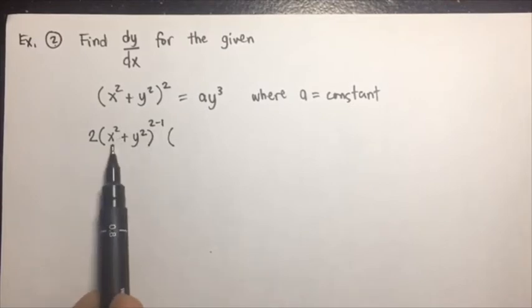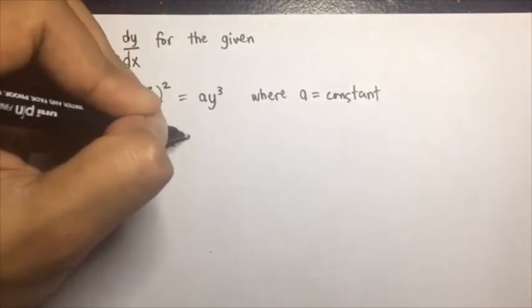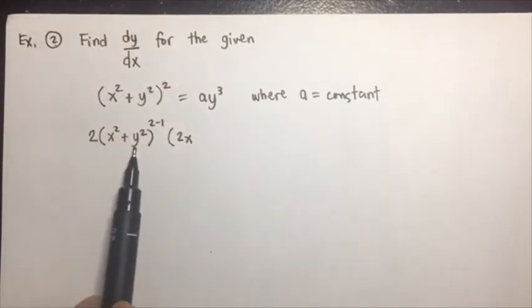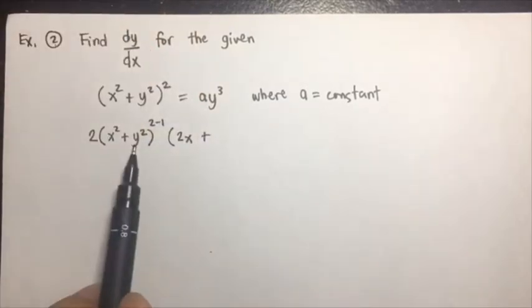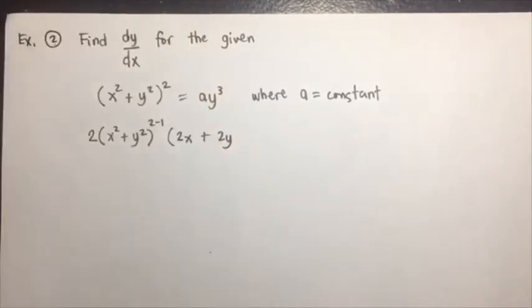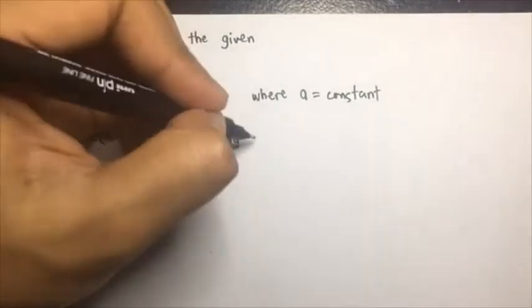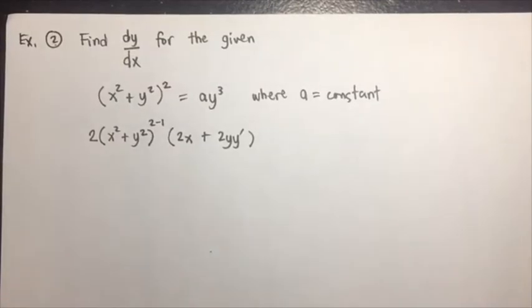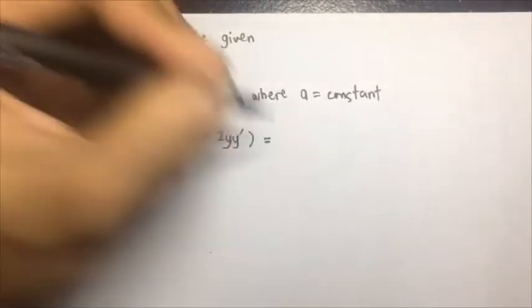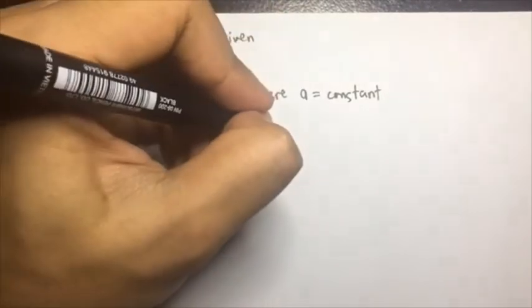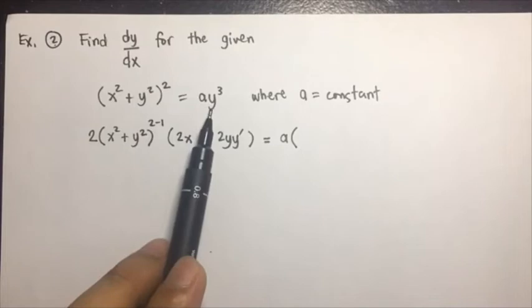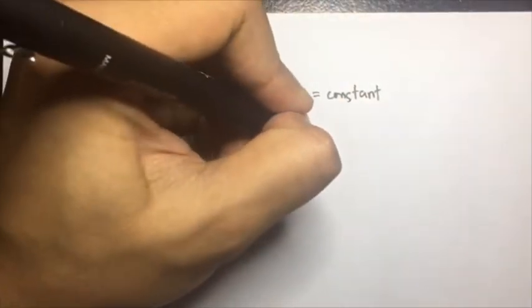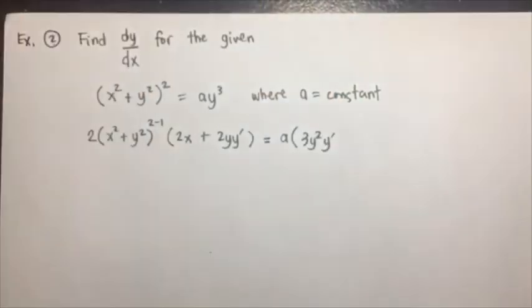The derivative of x squared is 2x with respect to x, and the derivative of y squared is plus 2y y prime. Okay, so that's it. It is equal to a constant multiplied by the derivative of y cubed with respect to x, so that is 3y squared y prime.